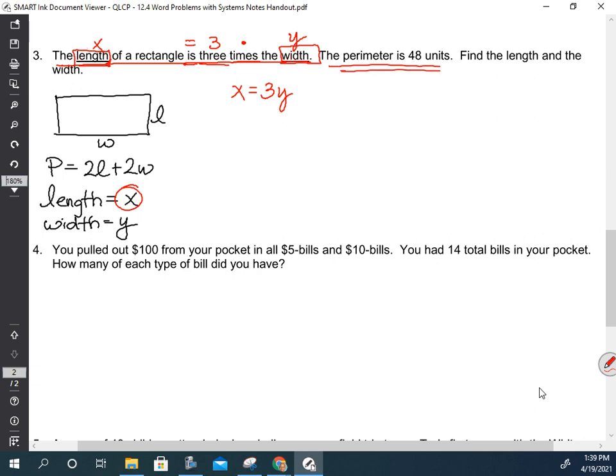The perimeter is 48 units. So P is 48. 2 times the length, x, plus 2 times the width: 2x plus 2y. There's your equation. There's your system.